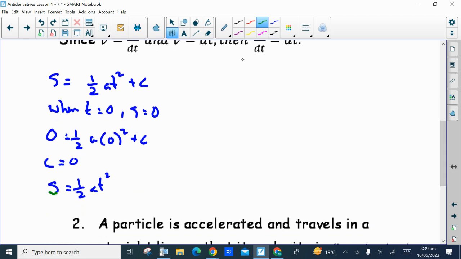If we multiply both sides by 2a, we'll have 2as on the left, and on the right side you'll have 2a times 1/2 at squared. So 2 times 1/2 is 1. A times a is a squared, so we're going to get a squared t squared.